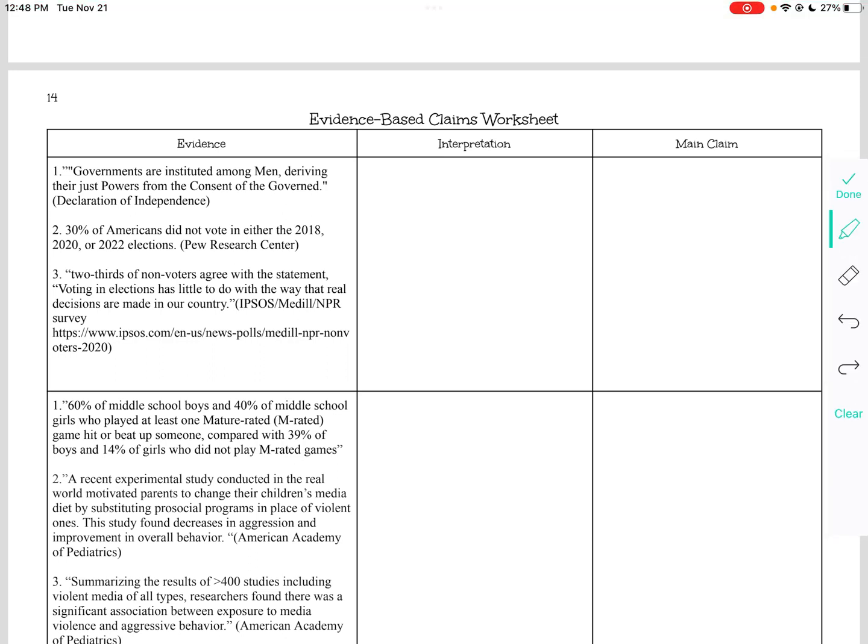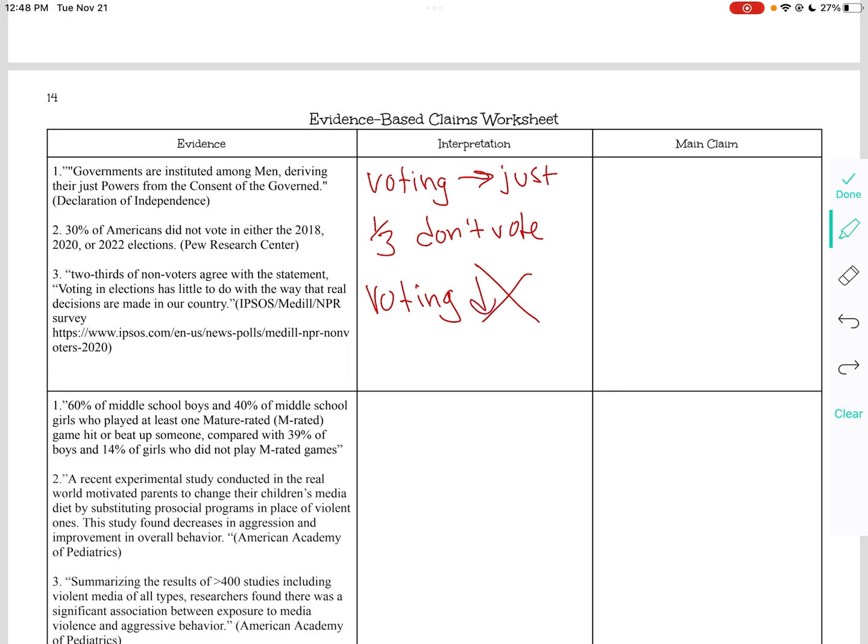So voting makes it just, right? Justice comes from people being able to vote and have a voice. 1/3 don't vote. That's a lot of people that don't vote in the United States. Here it says they believe that voting doesn't influence decisions.